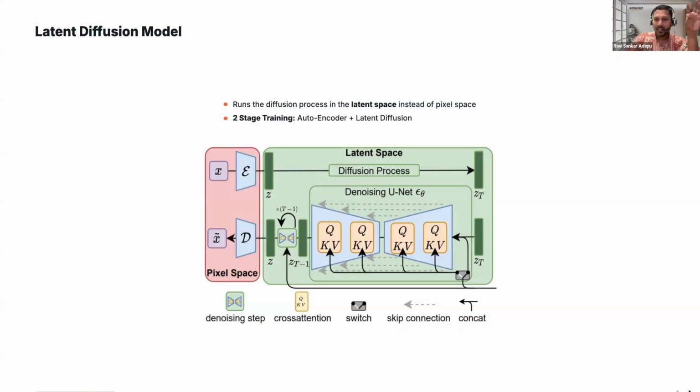Think of shrinking that 512 by 512 image down to some 64 by 64 latent image. Stage two, do all the diffusion, all that repeated adding and removing of noise, entirely inside that little latent space.